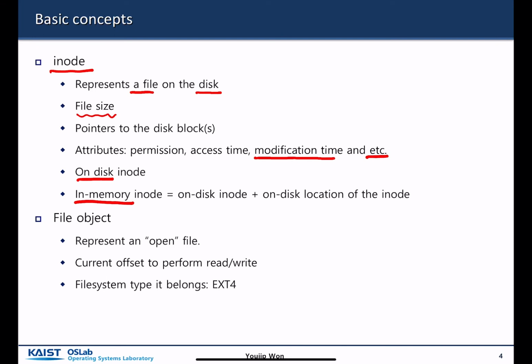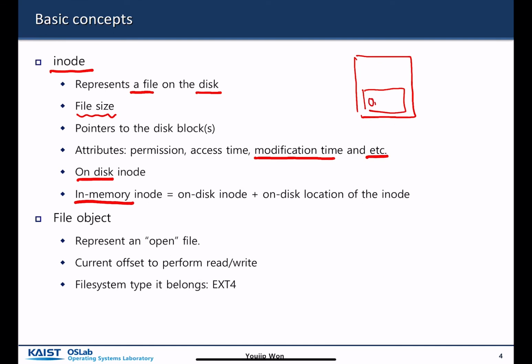On the disk, there is an array of inodes, and each inode represents a file on the disk. When the operating system wants to access a file on the disk, it has to read the inode from the disk, and based upon the disk-based inode, it builds an in-memory inode. So the in-memory inode is a superset of the on-disk inode.